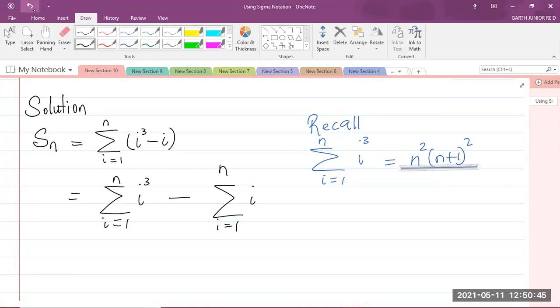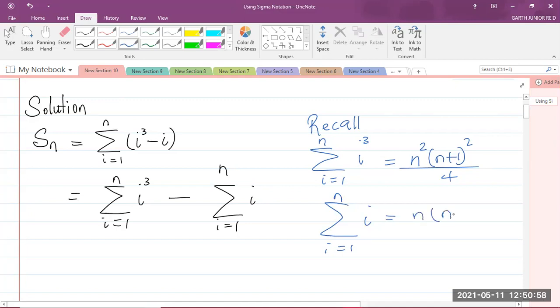And the other one, which is the sum from i equals 1 to n of i, is equal to n times n plus 1, and you're going to divide that by 2. Those are the formulae that we'll be focusing on for this question.